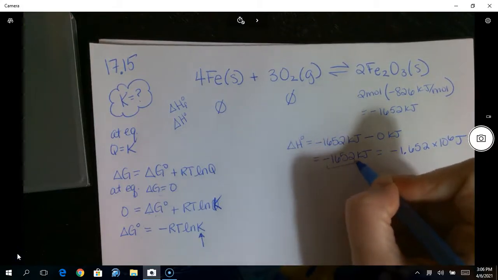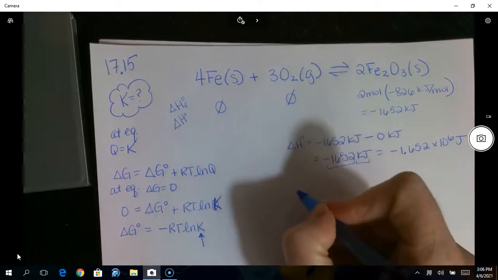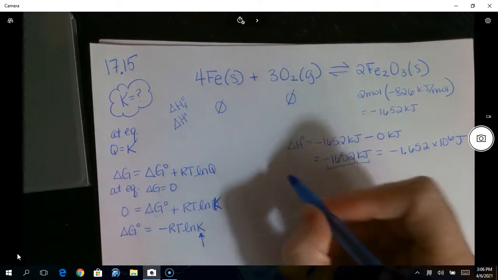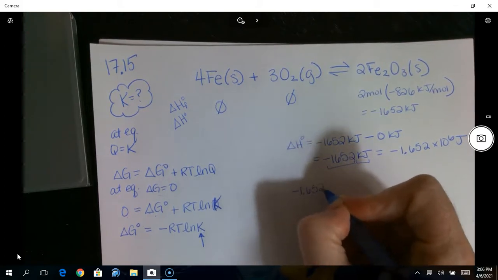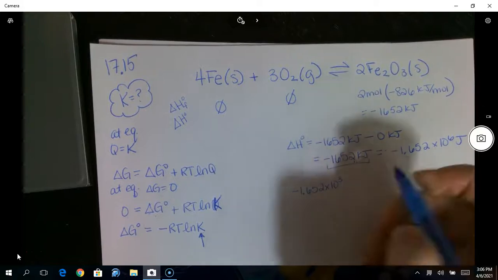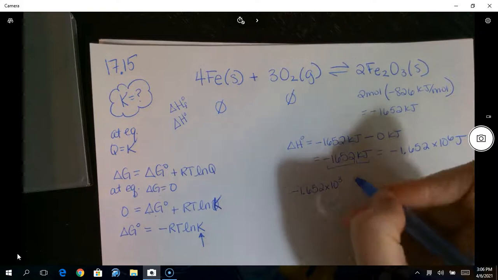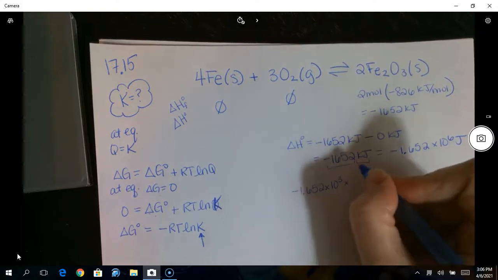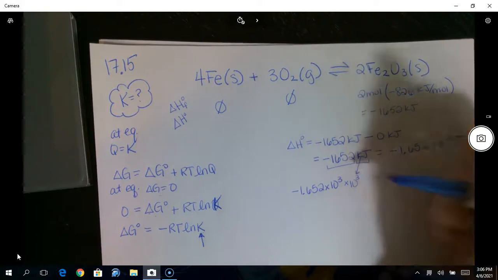So this has 2 parts. It's got the number and the unit, or coefficient and unit. If I just put the number into scientific notation, that's negative 1.652 times 10 to the third, and then kilojoules. I'm going to take out the kilo, because times 10 to the third is from the kilo.